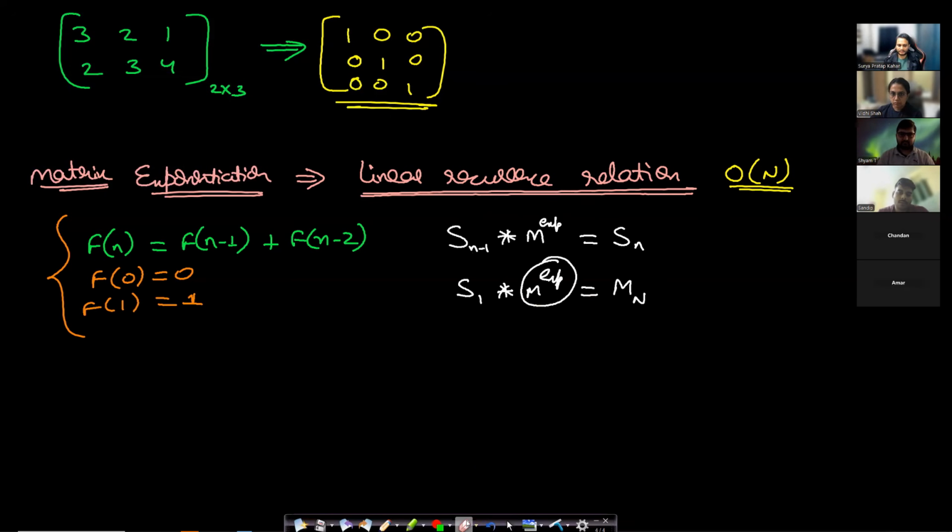It may not be very logical, so let me just tell you that from the n minus 1th step, you multiply with the matrix and you go to the nth step. Is this point clear?